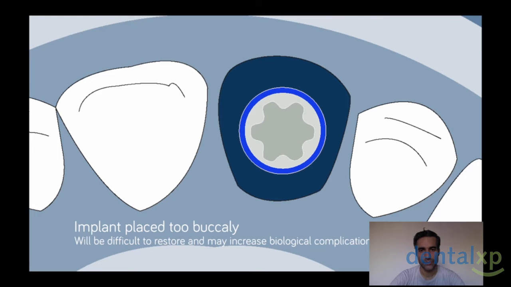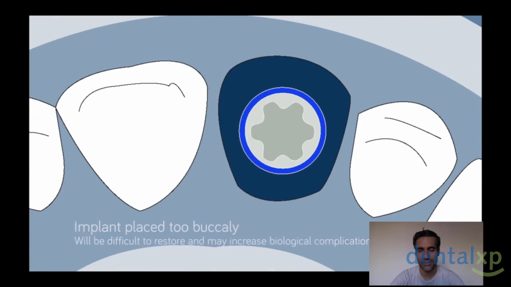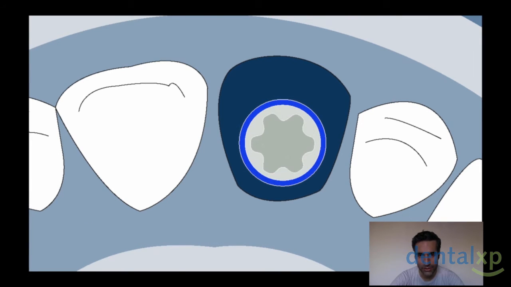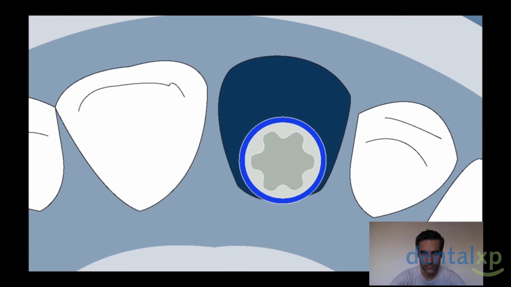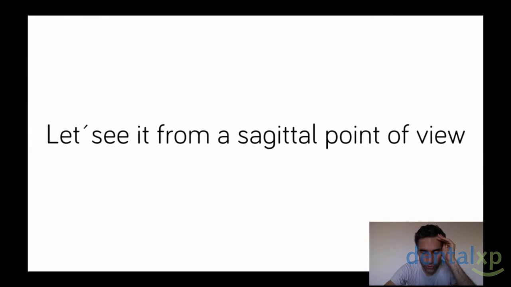So where should we place our implant? At the beginning of immediate implants, the professors told us to engage the implant in the buccal wall. This was a terrible mistake. So what we do in these cases is leave 1.5 to 2 millimeters of gap.